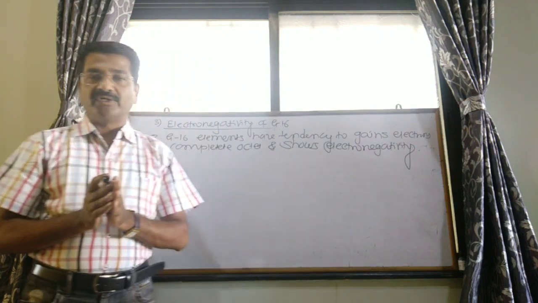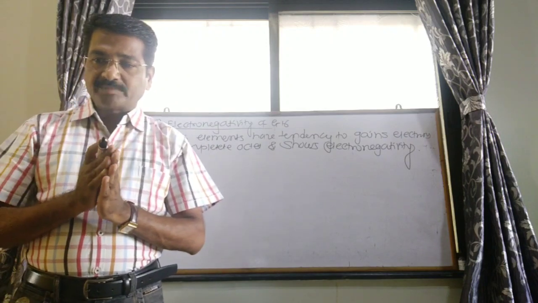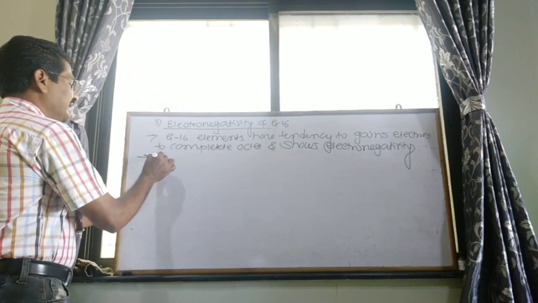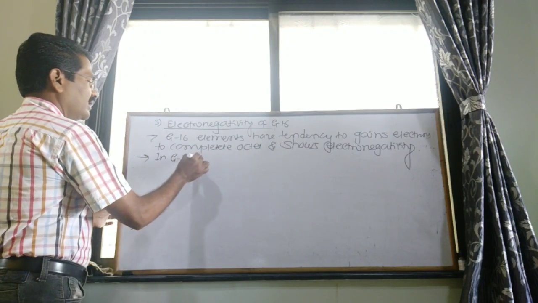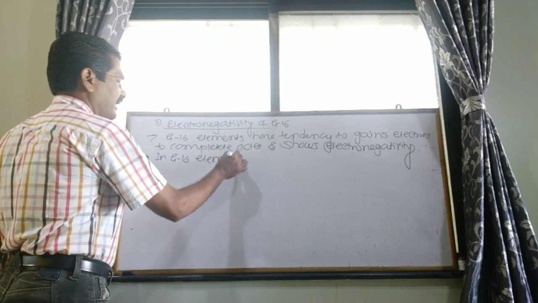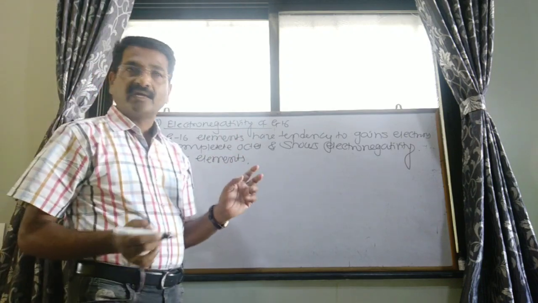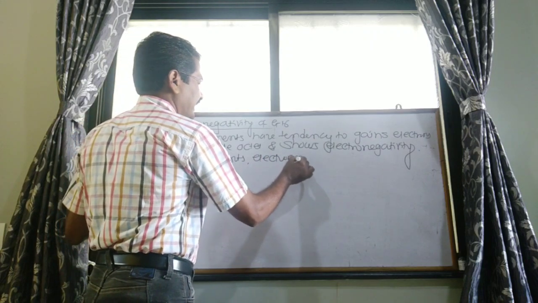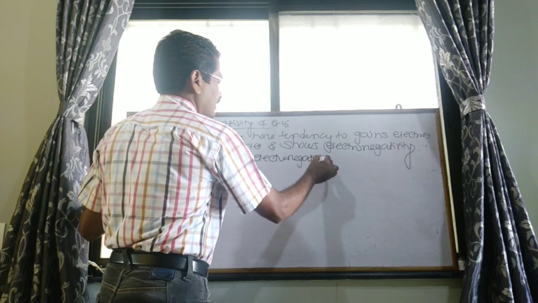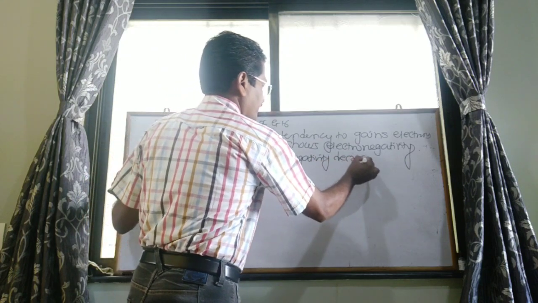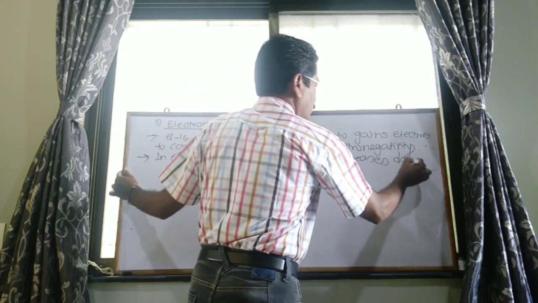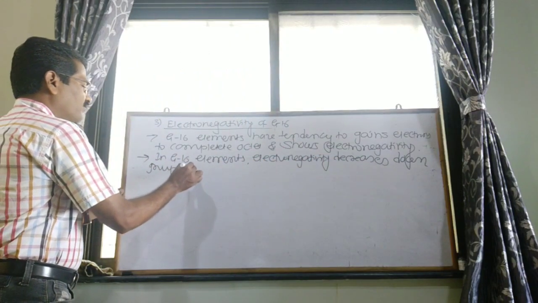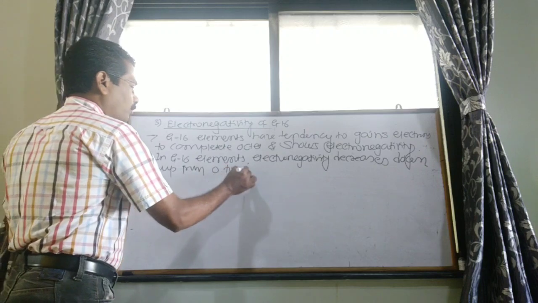In G16 elements, electronegativity decreases down the group from oxygen to polonium.